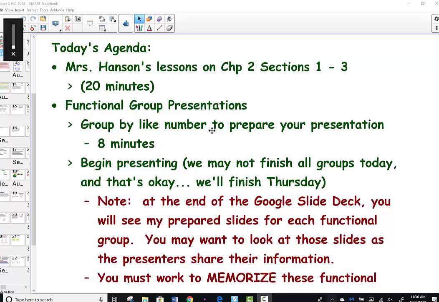So there are slides that you can follow as they're presenting a specific functional group, and you can find what I would have presented, and it probably will be very similar. So just an area where you can have some slides to write on if that's your learning style.